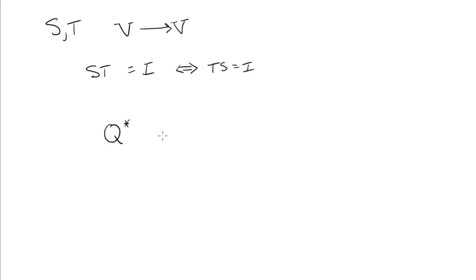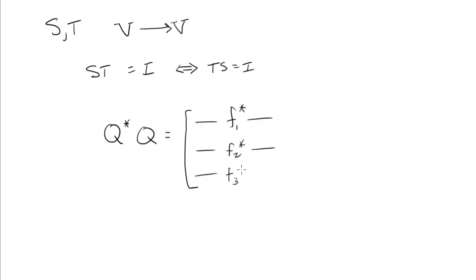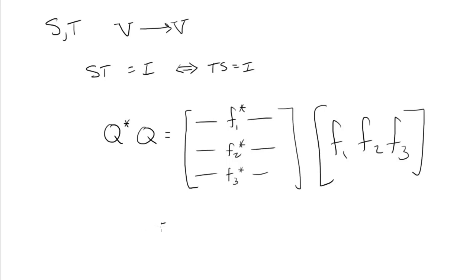The last thing to finish is that the inverse is the conjugate transpose. We'll use a result we did way before the coronavirus: that if ST is identity, when you commute them, it has to also be identity. So conjugate transpose, these are all row vectors, Q, column vectors, and now I can compute their product.